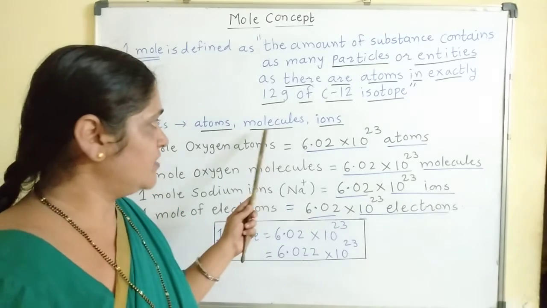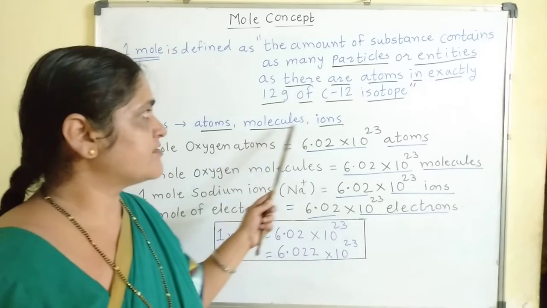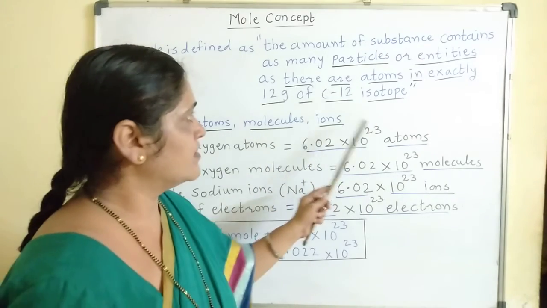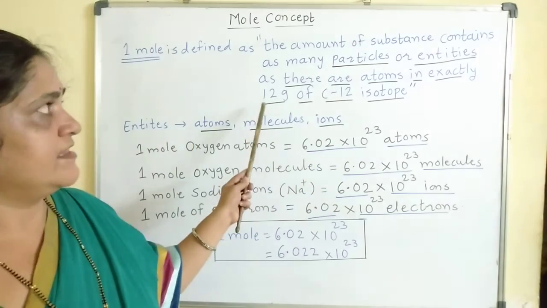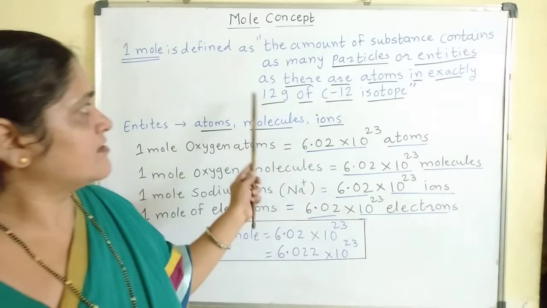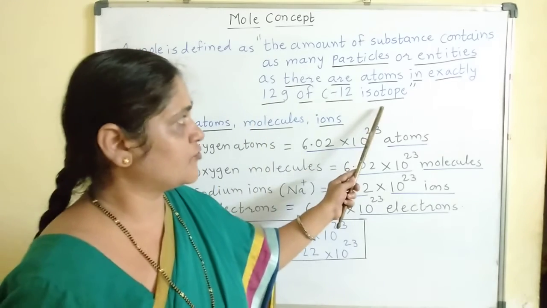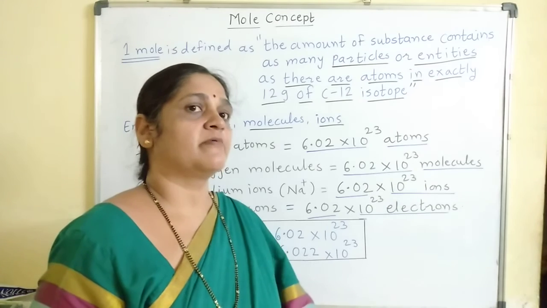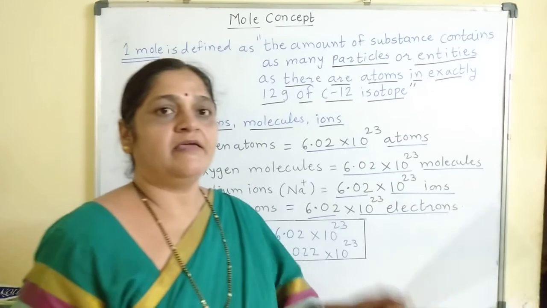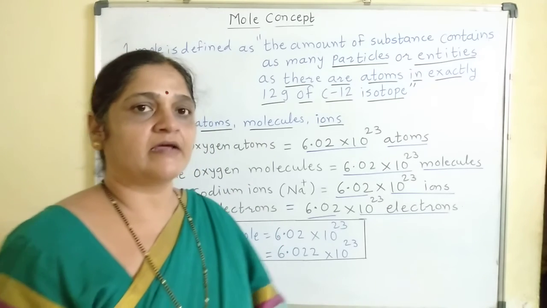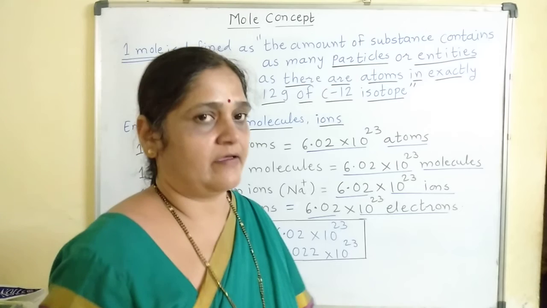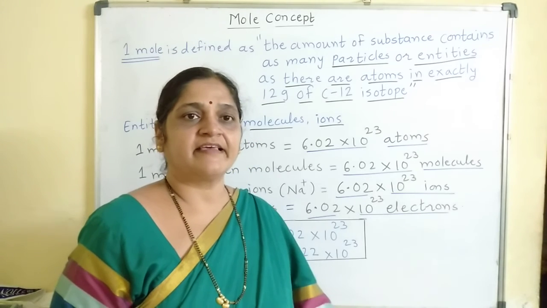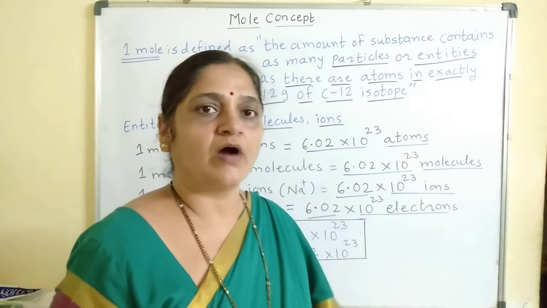So whatever number of atoms is present in 12 gram of carbon-12 isotope, if that number of atoms, molecules or ions is present, then we will say that quantity is 1 mole.